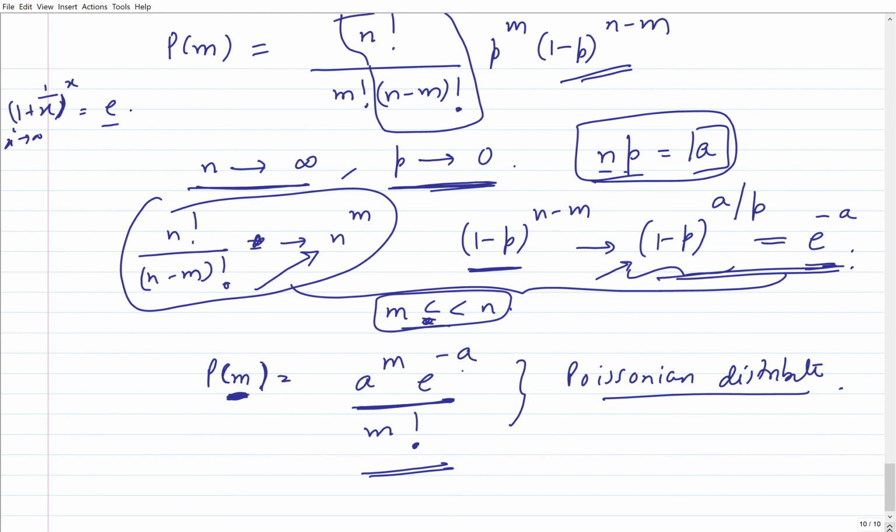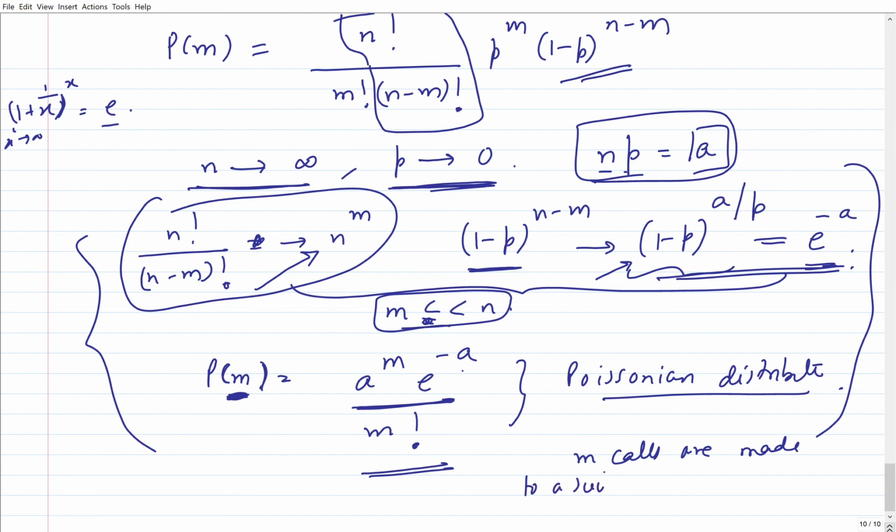In the physical context, in a realistic scenario, when is this Poissonian limit valid? Well, let's say the probability that m calls are made to a switchboard in 1 second.